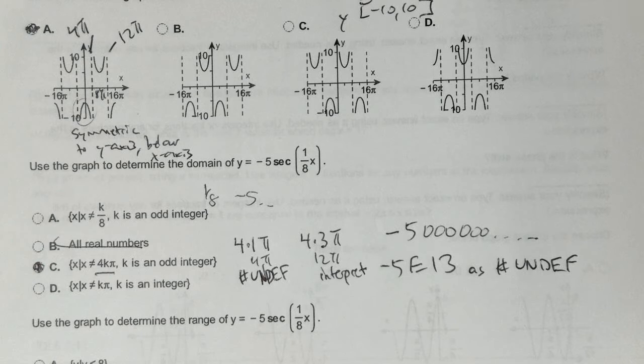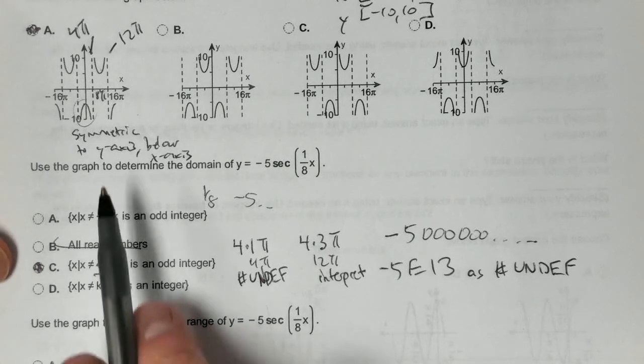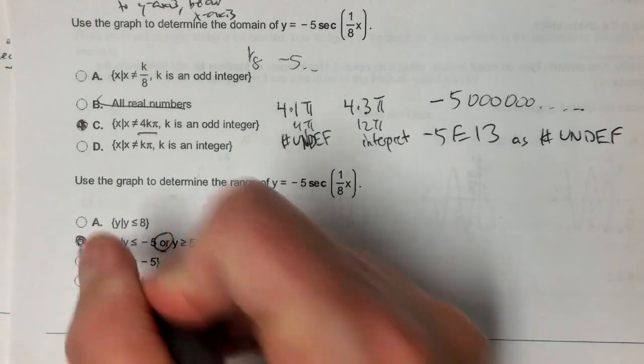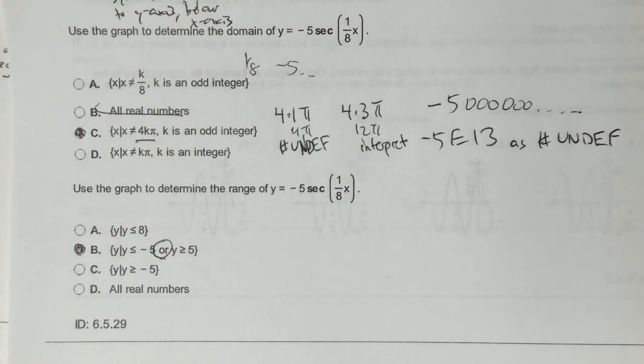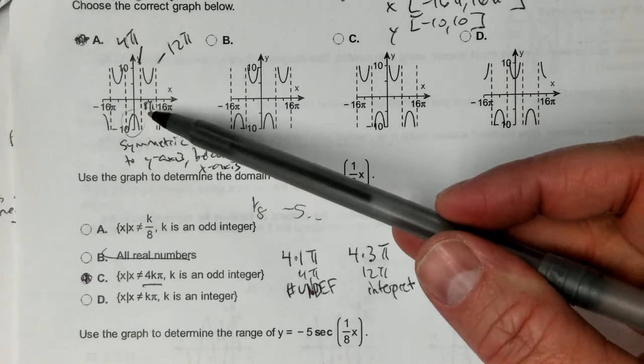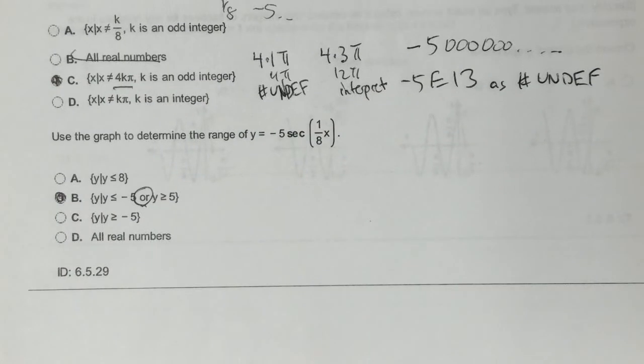So that's why it's C. Any questions? Okay, and again, if it's a cosecant or secant graph, you're going to choose OR. So that's B. And if you want to check it, below negative 5 and above 5. Any questions about that?